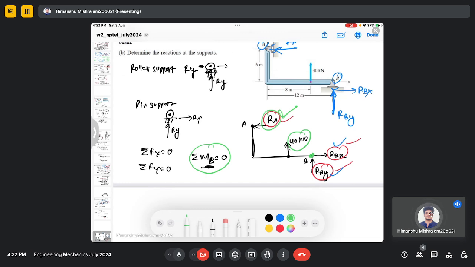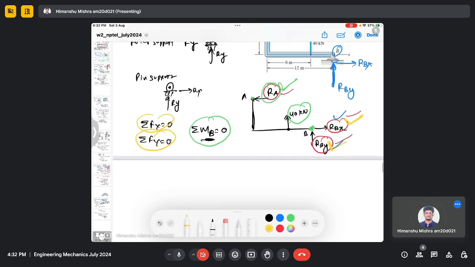You can also consider point A. You can take the moment about point A, but then there will be a contribution from the forces Rbx as well as Rby. So the moment equation alone will not give you the suitable result, but nevertheless, if you use the other two force conditions, you will anyway get the answer, right?